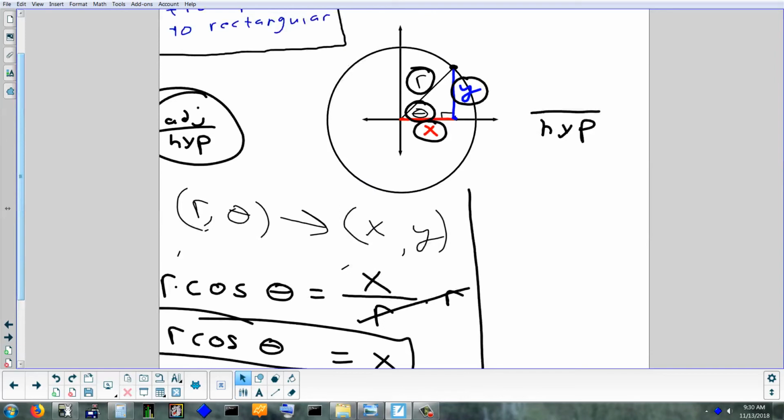Opposite. Opposite, yep. So now I need a trig function if I want to find y that has opposite and hypotenuse in it. So which trig function would have opposite and hypotenuse? Sine. Yep.